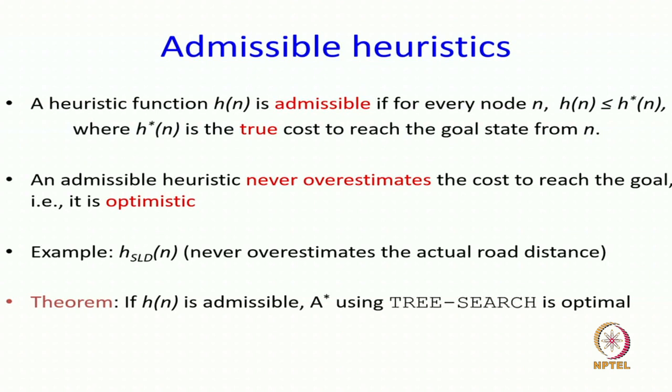And so, we need to define a new condition to figure out when the graph search version of A star would be optimal, and that condition is called consistency. Okay.